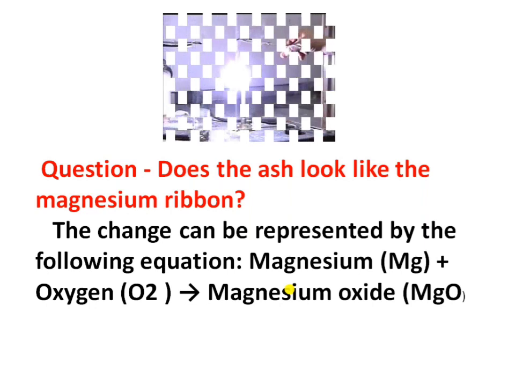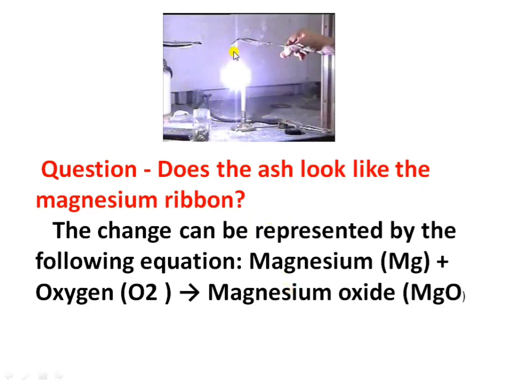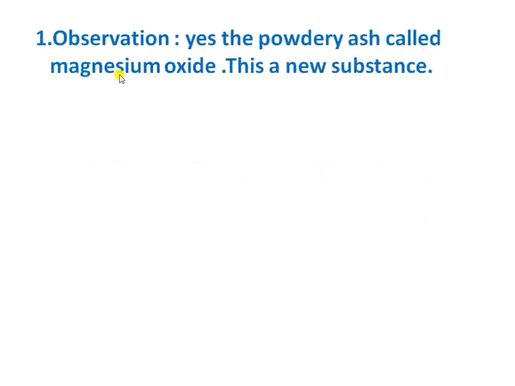As you can see in this picture, when we heat this magnesium ribbon, it burns with a brilliant white light. So the observation is, yes, the powdery ash called magnesium oxide is a new substance that is formed here, so it's a chemical change.